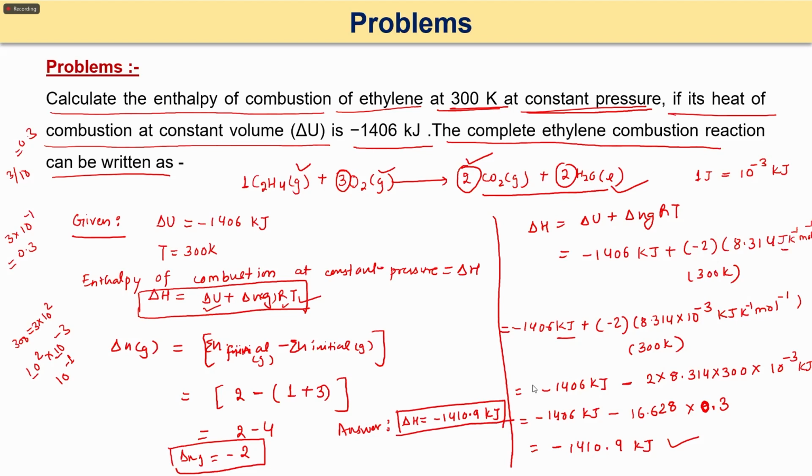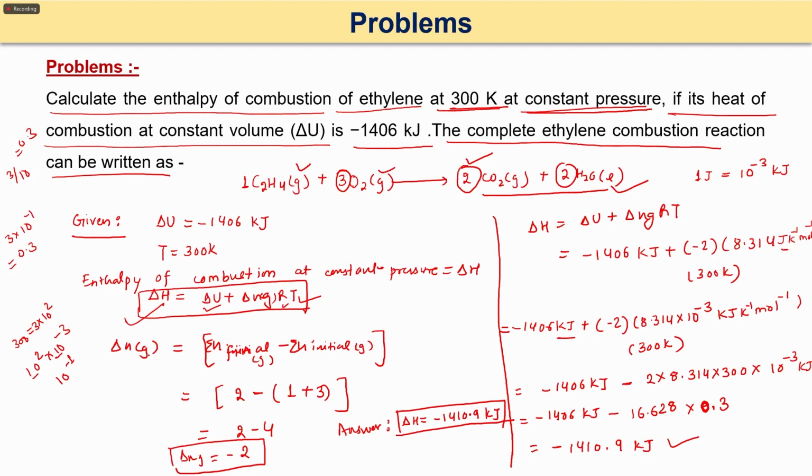So what we have done here, we were asked to calculate delta H and delta U, and the temperature was given. So we already know this relationship between delta H and delta U, that is, delta H is equal to delta U plus delta Ng of RT. We are given the values of delta U and temperature, and we know R is the gas constant. So in this question we had to calculate this delta Ng value.